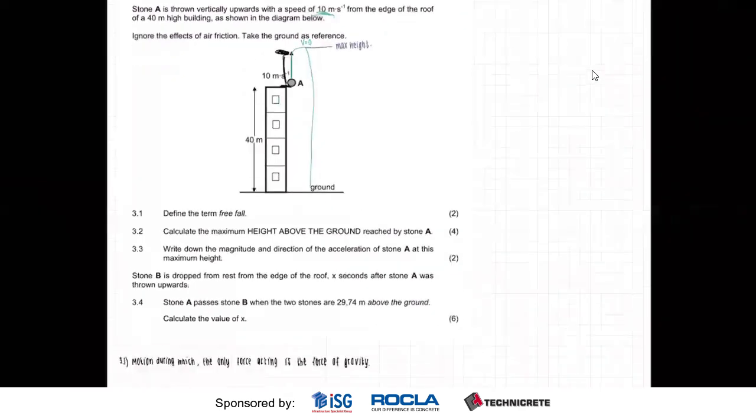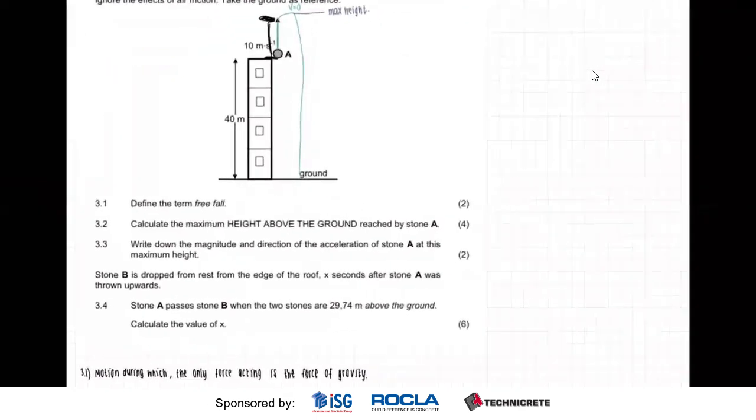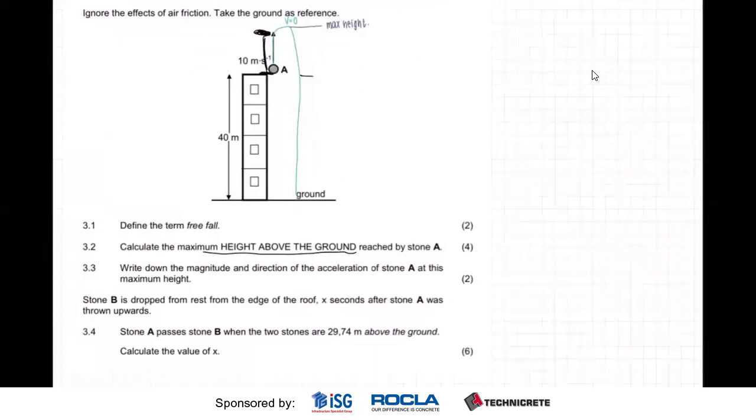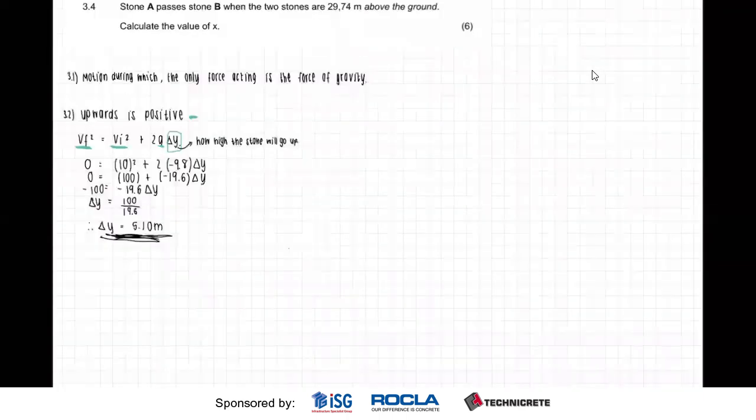But they're asking us for the maximum height above the ground. Okay, so we know that the building is 40 meters. So the stone was thrown up from 40 meters above the ground. So the distance that we worked out is the height plus the 40 meters that it is above the ground already.